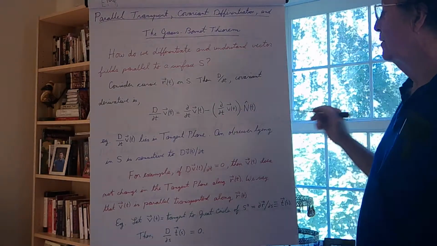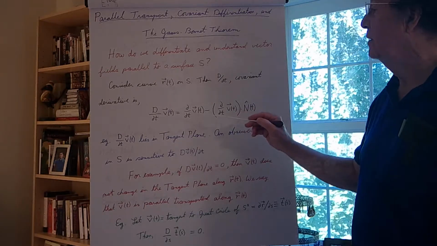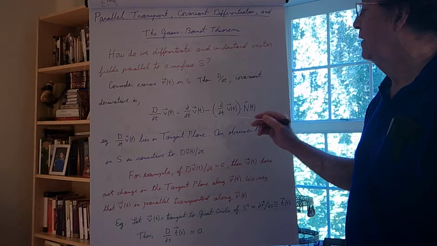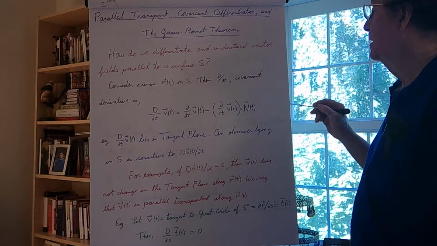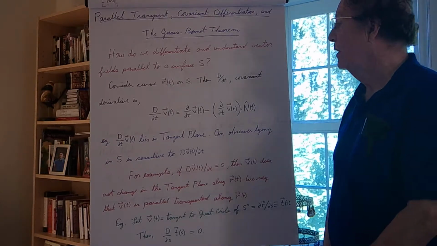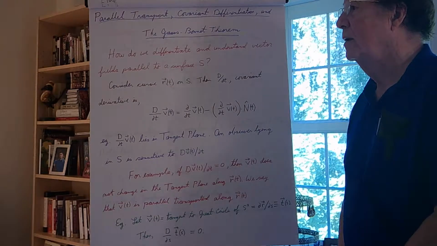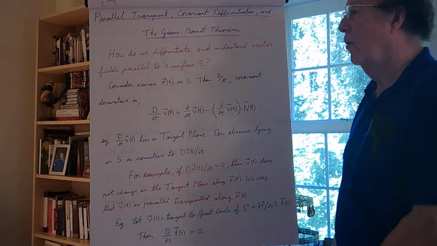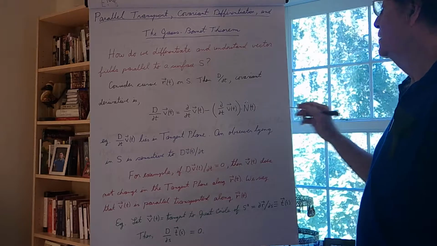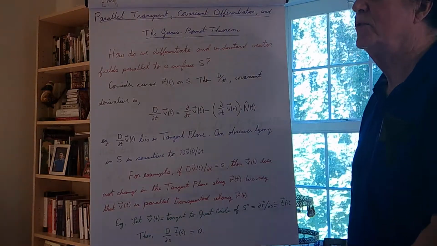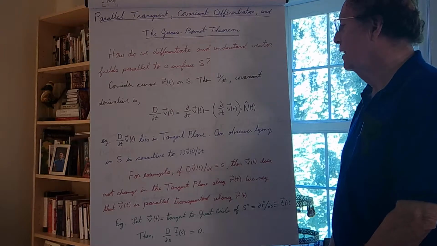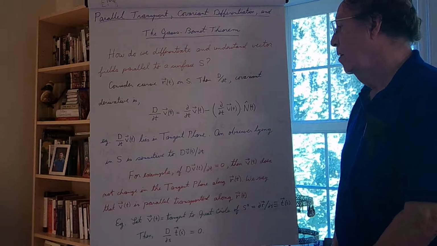So that's written down here. Capital D of V is ordinary differentiation along the curve minus the projection of that ordinary differentiation on the normal, which means I'm really projecting it down into the tangent plane.